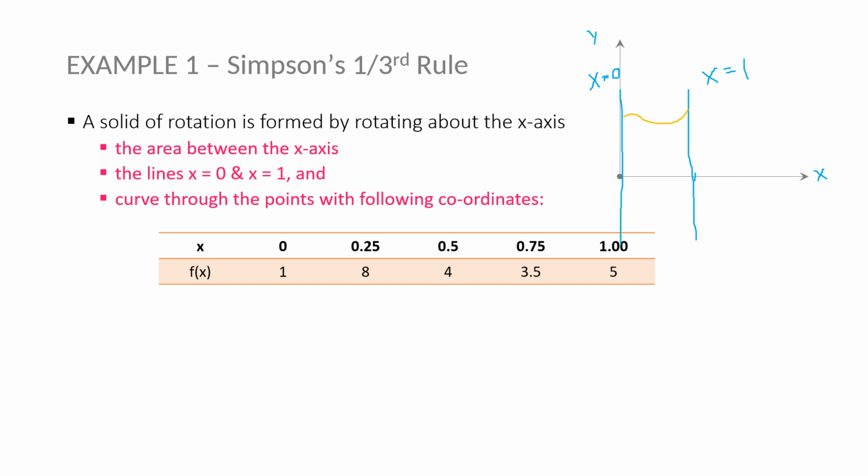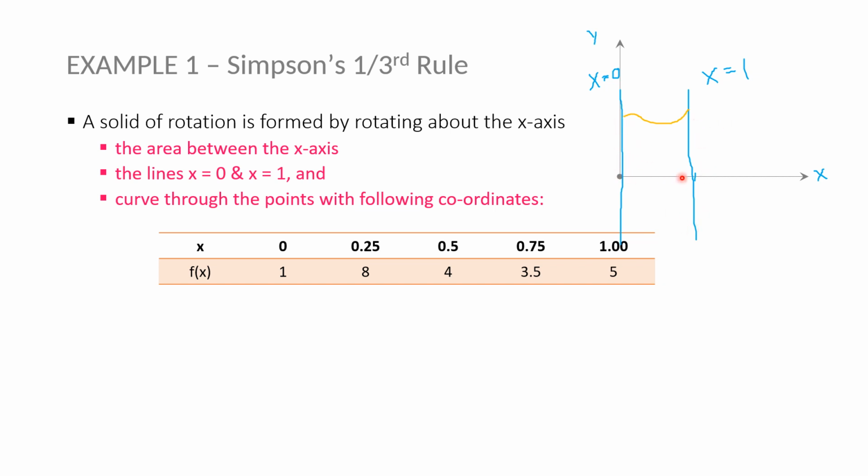So there is an area which is formed by the x-axis, this line x equals to 0, this line x equals to 1, and on the top that area is constrained by the curve that goes through those points. Okay, so in reality this curve will be very different. I have just drawn it approximately just to give you a picture of what is happening here.